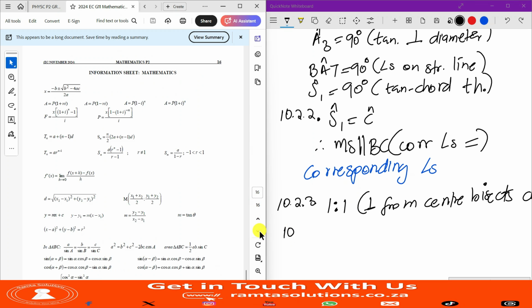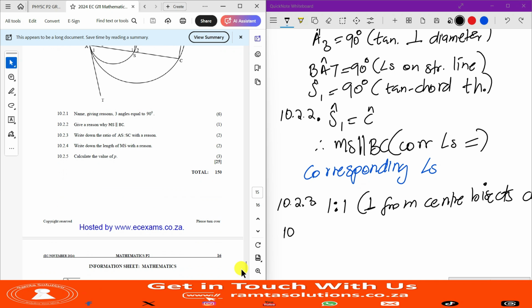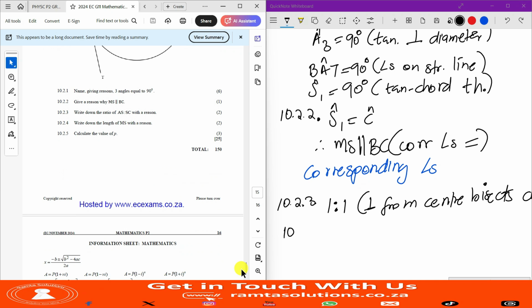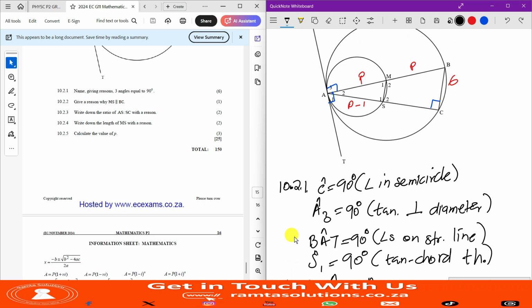10.2.4, it says, write down the length of MS with a reason. So guys, here is MS and here is BC.